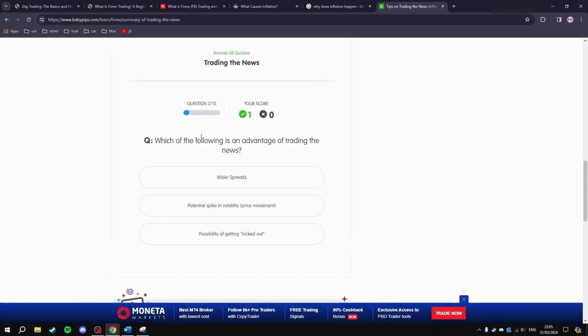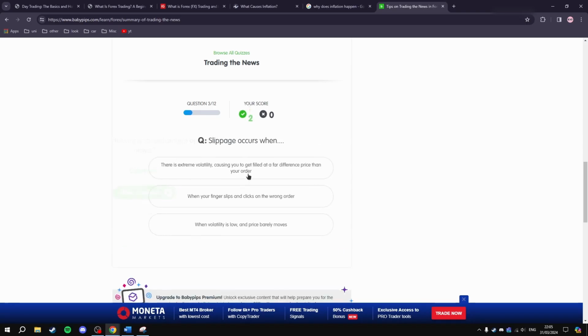Which of the following is an advantage of trading the news? Potential spike in volatility. Slippage occurs when there is extreme volatility causing you to get filled at a far different price in your order. Yep.